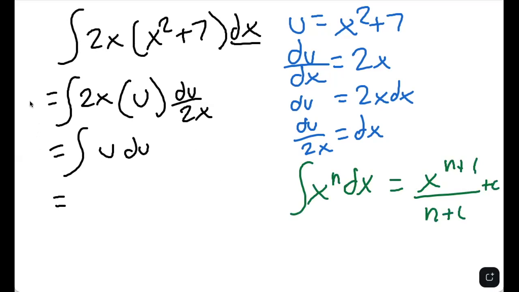In this case, by the way, this is really important to point out. This is an x, this is a u. They're different letters. It doesn't matter though. The only thing that matters is that the letter here and the letter here are the same. They have to be the same.